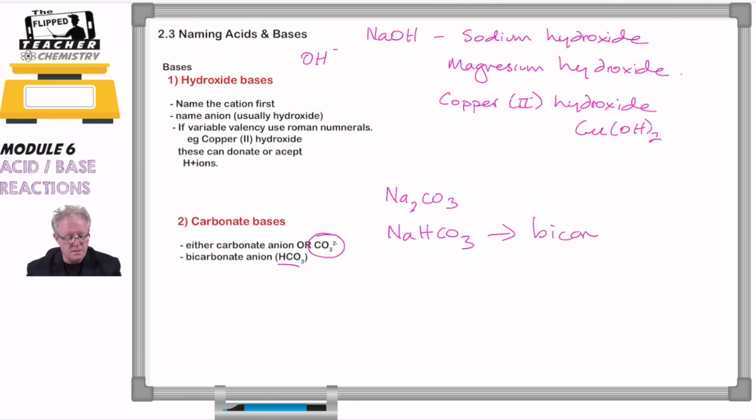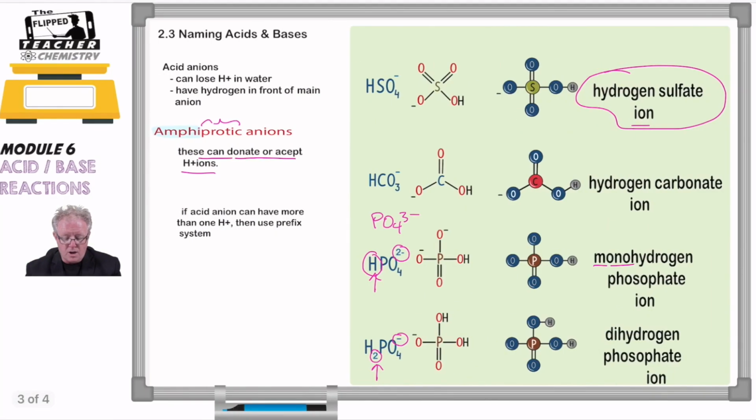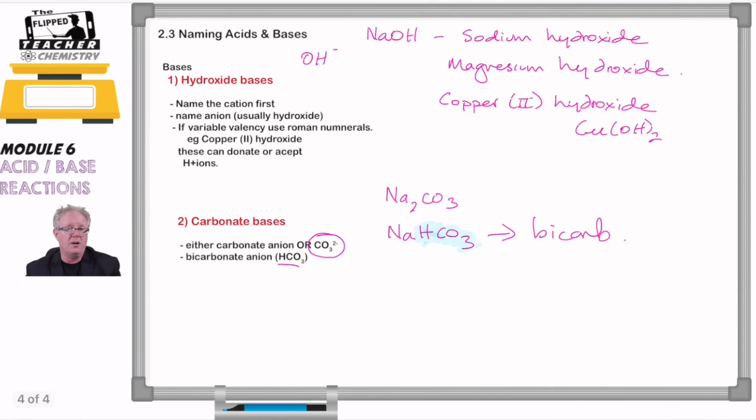Right, it's a common name. But with this one here, because it's got the hydrogen carbonate there, we name that as sodium hydrogen carbonate. So remember back here we had hydrogen sulfate. Well, that was to do with acids. Well, we can do the same here with the base, hydrogen carbonate. Sometimes they say sodium bicarbonate, which is a common name.